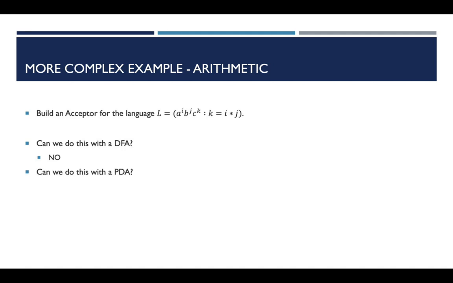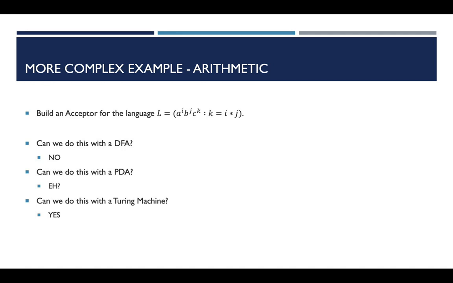Can you do this with a PDA? The answer to that is I don't actually know. Maybe you could. I haven't spent a lot of time trying to do it, and that's not near the top of the list of things that I want to do. But you can certainly accomplish this task with a Turing machine.